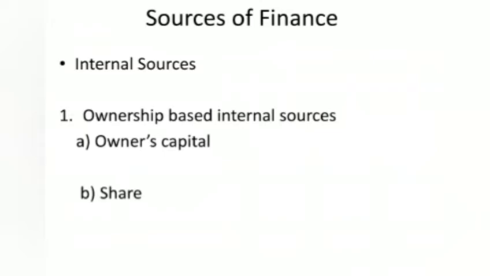In case of sole proprietorship business, sources of internal fund are owner's own savings, or it may be any kind of factors of production measurable in money such as land, labor, capital, and organization, which are used in production.